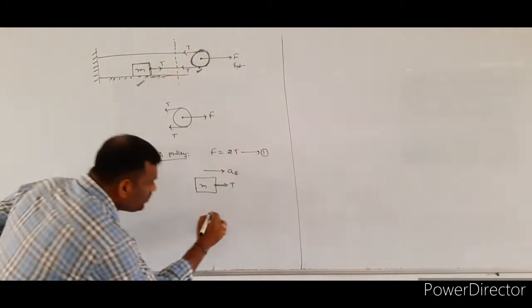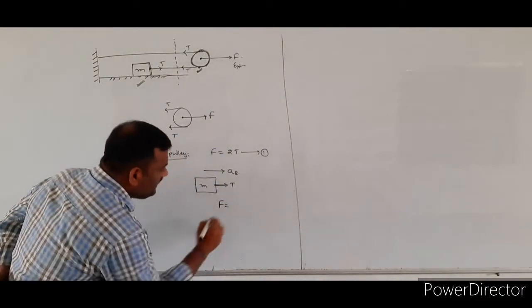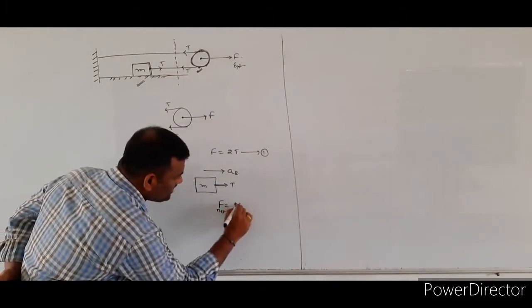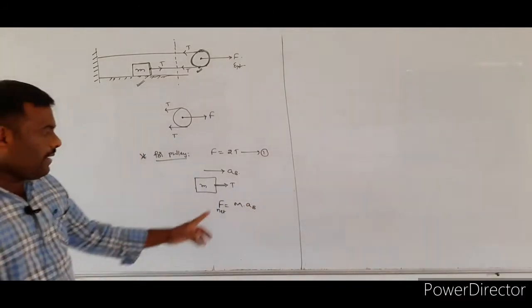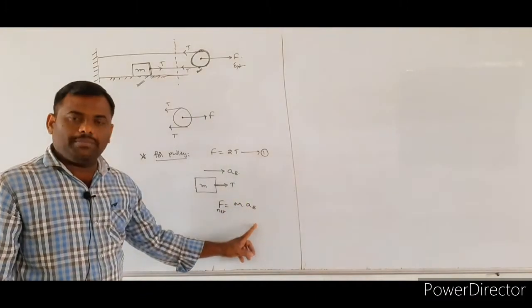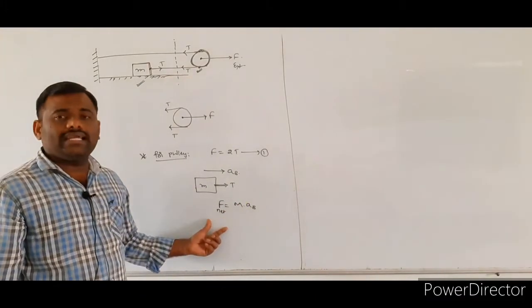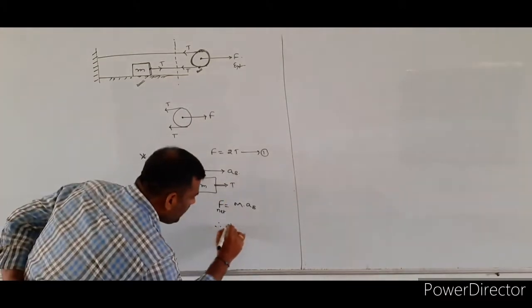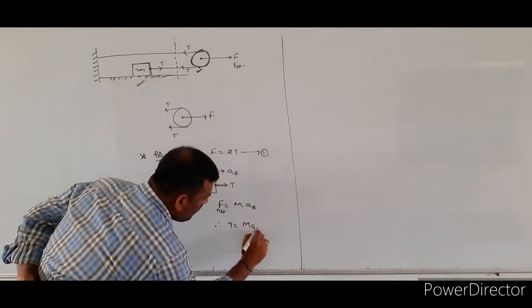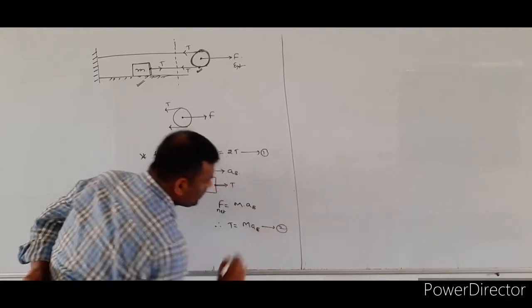According to Newton's second law, F net is equal to mass into acceleration. So F net is equal to mass into acceleration of the block. What is the net force acting on the block? That is nothing but tension only. Therefore tension T is equal to M into A_B. Let it be equation number 2.